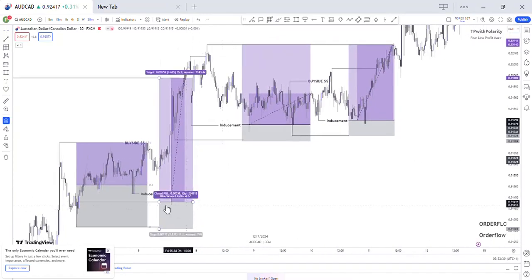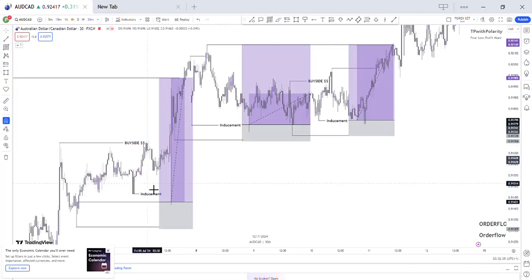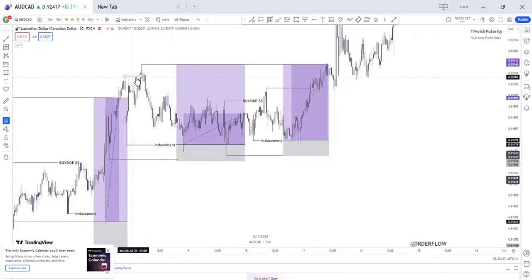Once you measure, the last swing created becomes your inducement, and you want to take your entries from the order block created. This is a new liquidity getting taken out. This is a valid swing for me.